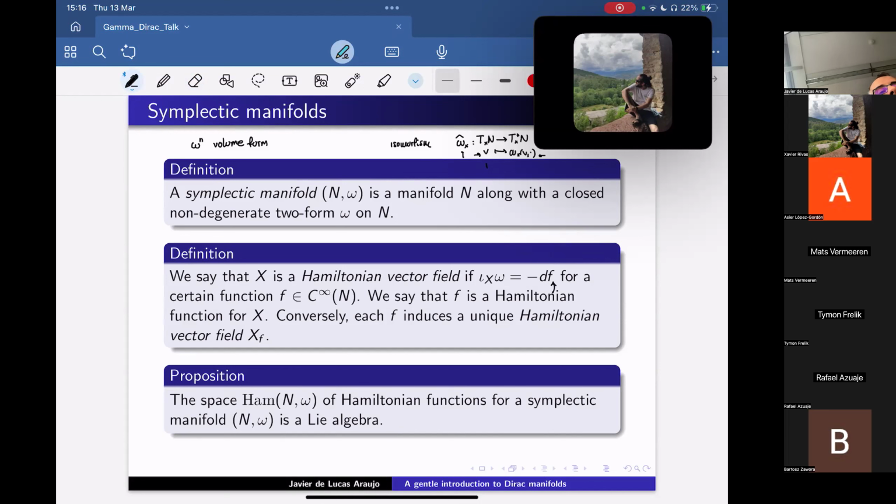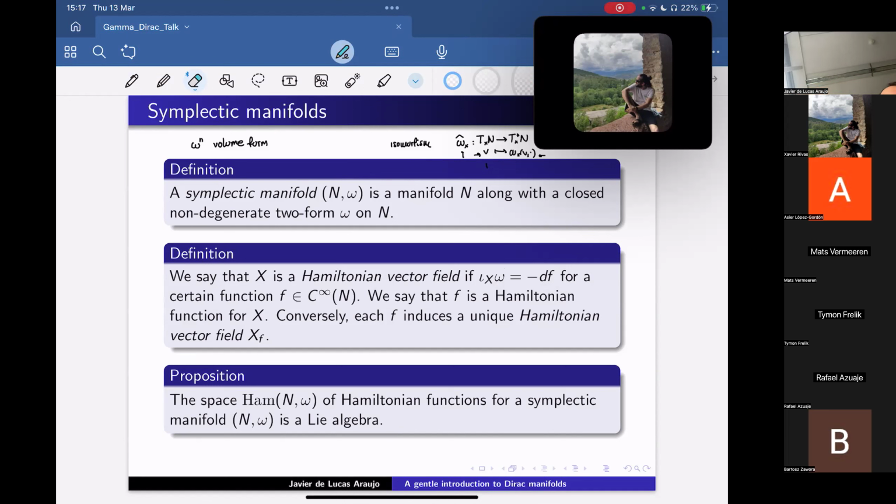So if the contraction is fixed for a certain function, there is only one vector field satisfying this condition. So given a vector field, you may have different Hamiltonian functions, but given a certain Hamiltonian function, you have a unique Hamiltonian vector field, and there is always a Hamiltonian vector field.